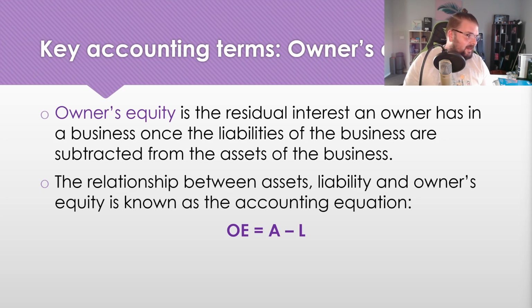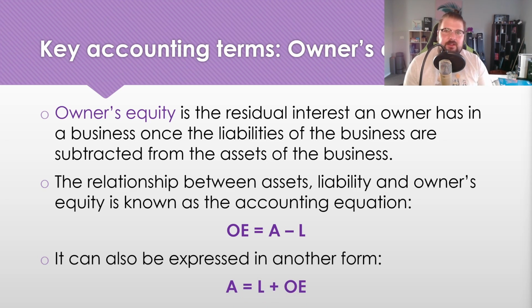So you can see we have our owner's equity being equal to the assets less those liabilities, which leaves us with our residual interest. Now, you can always rearrange the accounting equation to be A equals L plus OE or L equals A minus OE. Pretty simple rearrangement there. But at the end of the day, it shows that there's this relationship. Okay?